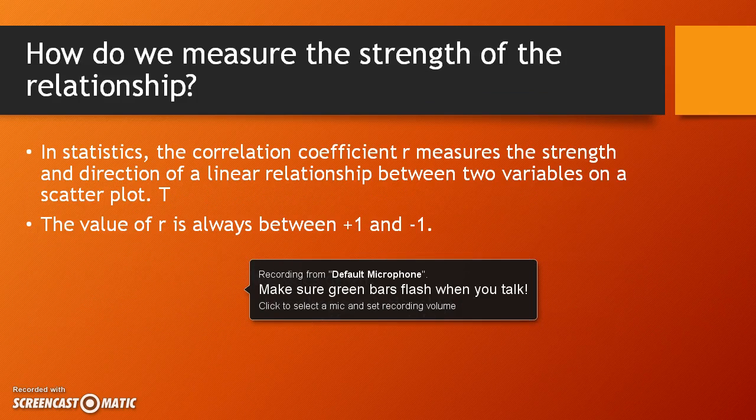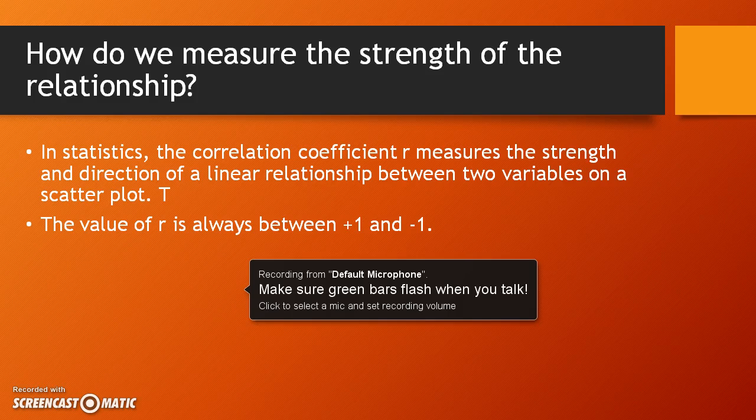Now, a lot of times in order for us to measure the relationship between these variables, we have what is called the correlation coefficient. The correlation coefficient, which is understood as a small r, measures the strength and direction of a linear relationship between two variables on a scatter plot.